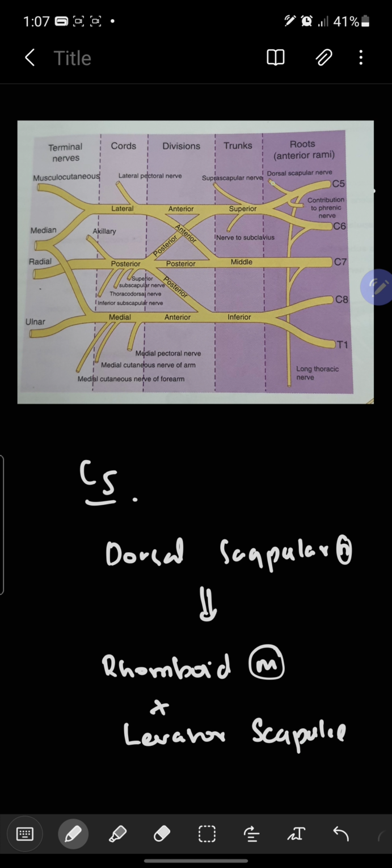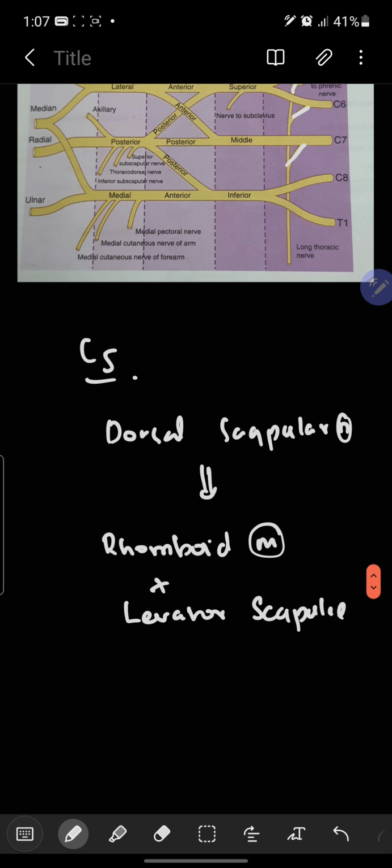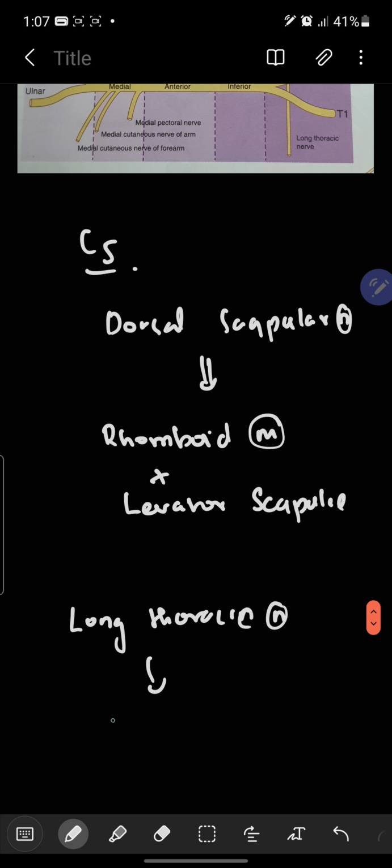These two muscles are supplied by this dorsal scapular nerve. Then you can see from C5, C6, C7, the long thoracic nerve arises. This long thoracic nerve is also known as the nerve of Bell.